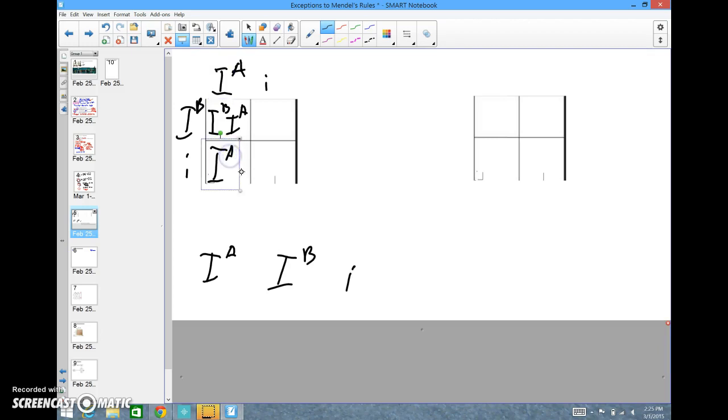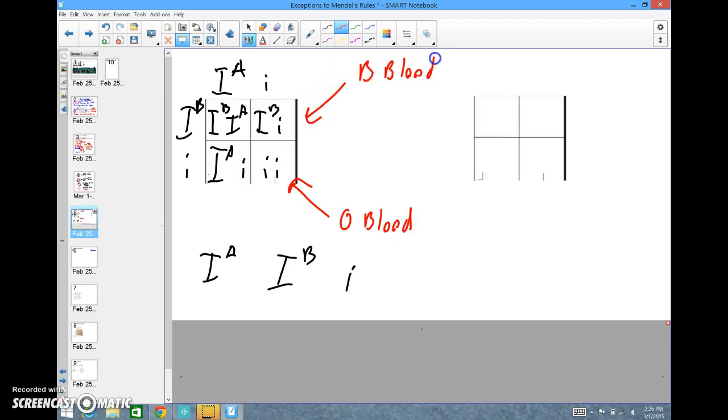Down here I would do IA and i. Over here it would be IB and i, and down here it would be ii. So as a phenotype, this person is O blood, this person is B blood, this person is AB, and this person is A.